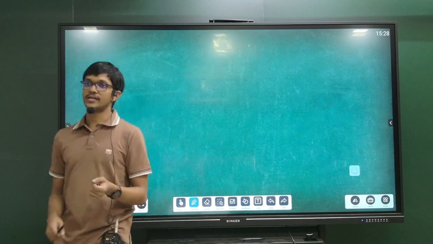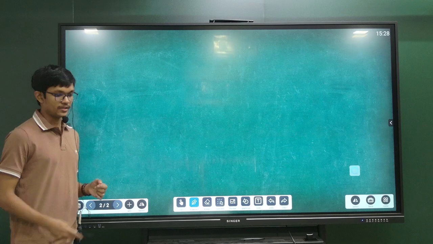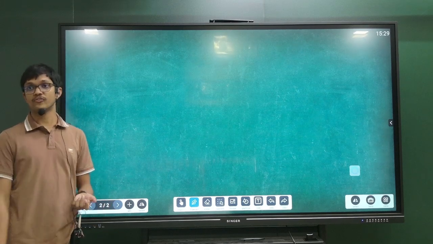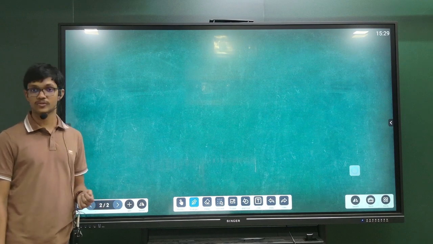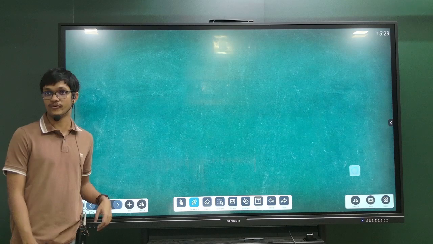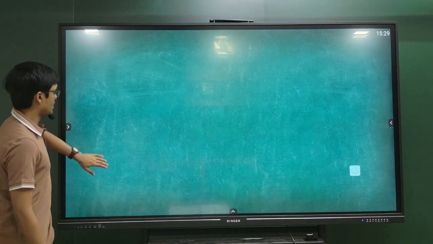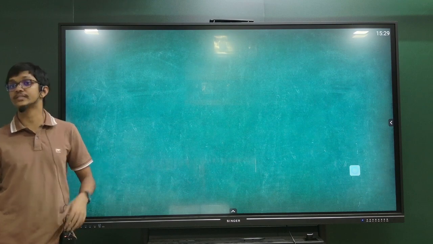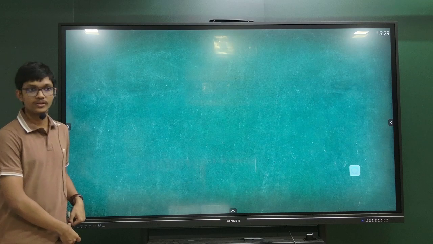So what are these equations or rules? One is the triangle of forces. What is the meaning of a triangle of force? It was a vector triangle.